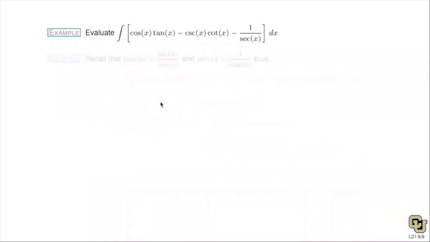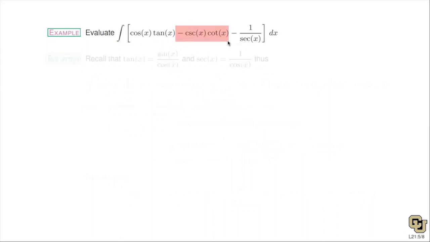So here's another problem that's very standard that you should be able to do, that we can do right now. Some of this problem we're going to simplify, and some we're going to think about whether I can just guess the antiderivative. For example, when I look at negative cosecant cotangent, that seems very familiar to me.